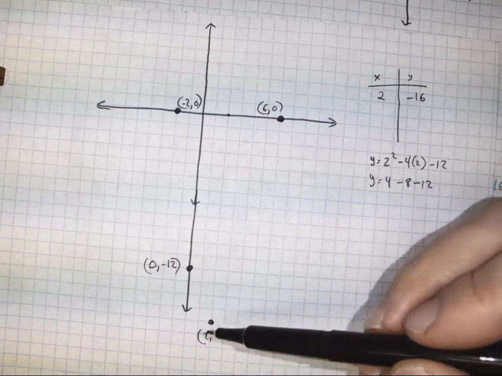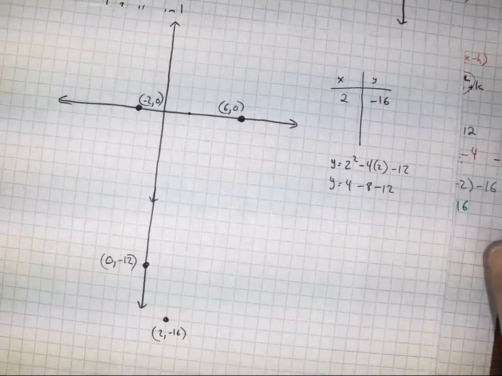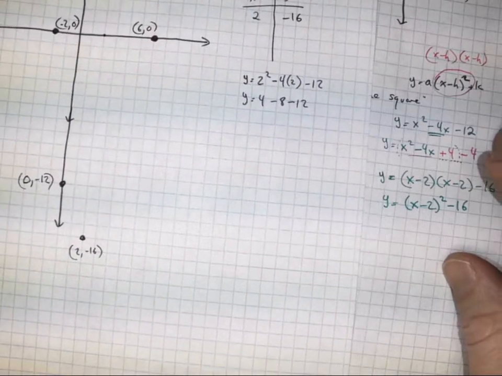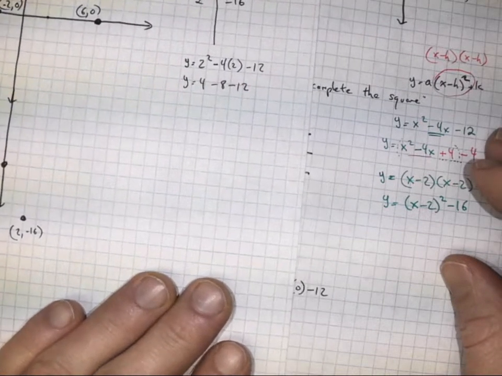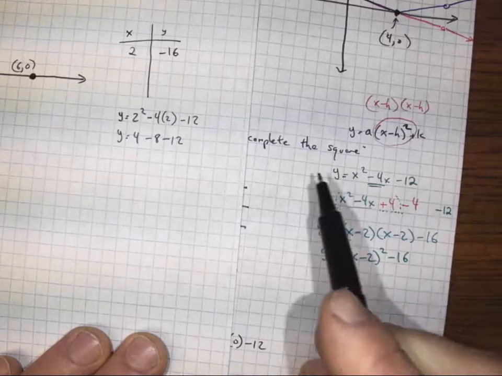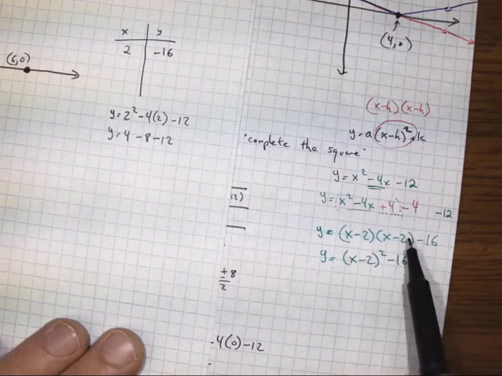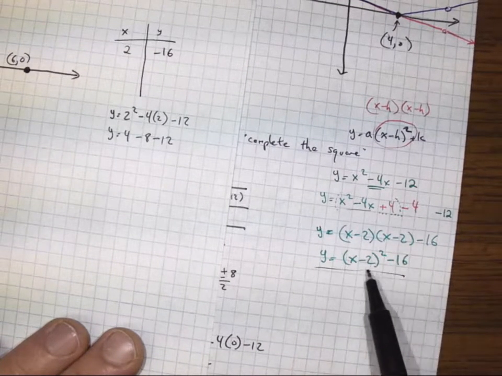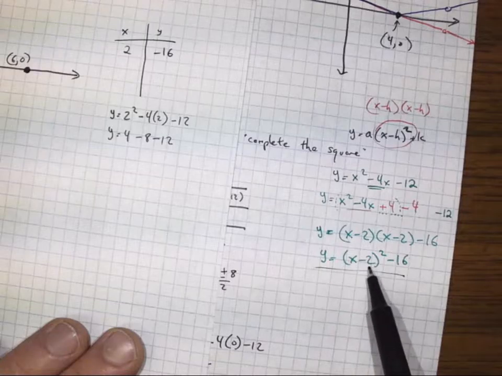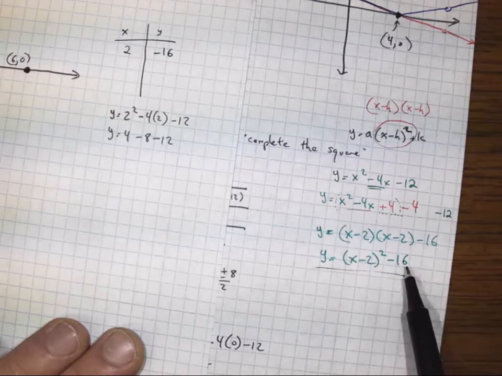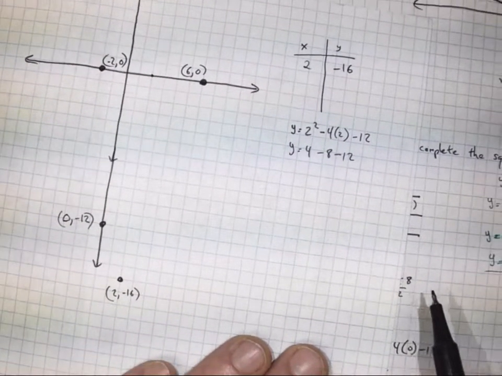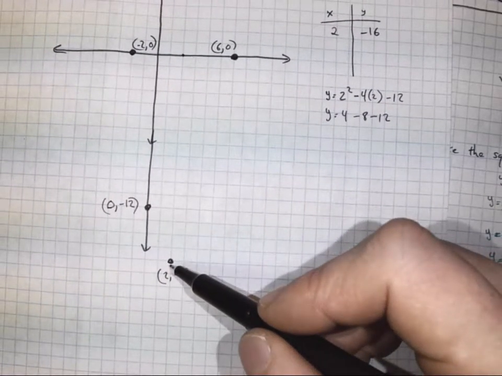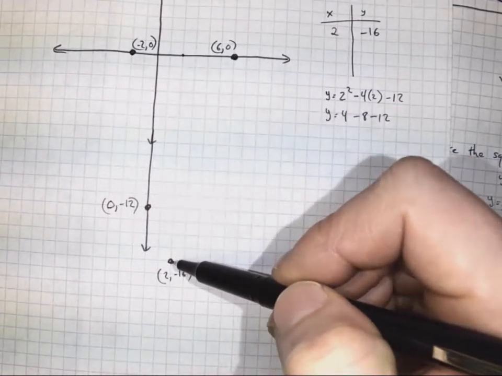All right. Oh, well, what do you know? That number sounds familiar. If I look at this complete the square method we did earlier, we found that this function was a regular parabola moved to the right 2 and down 16 units. So it's a regular parabola moving over 2 and down 16.